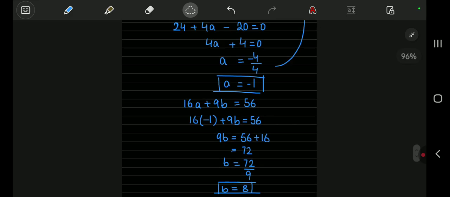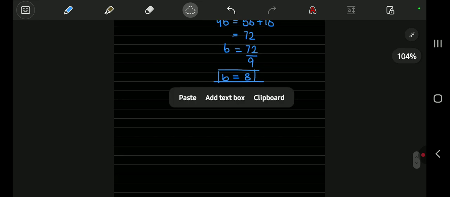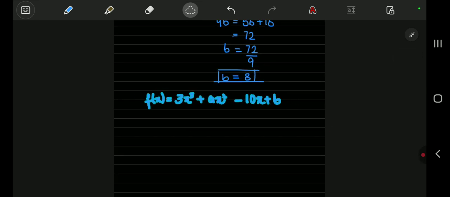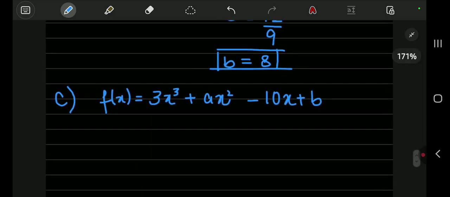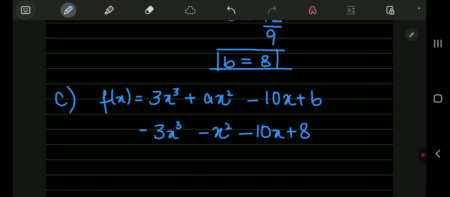Take this function and put in the a and b values. So minus x square minus 10x plus 8 is your function.